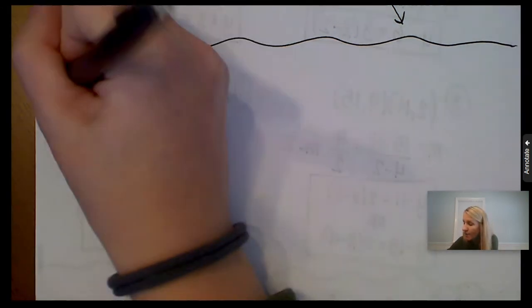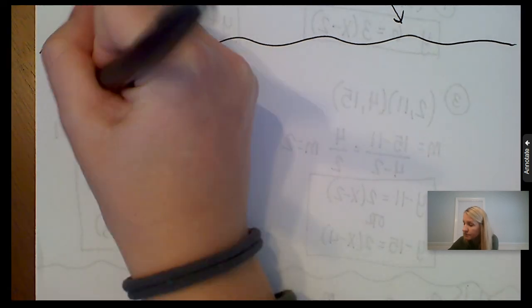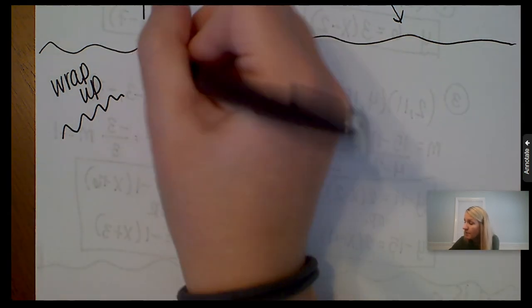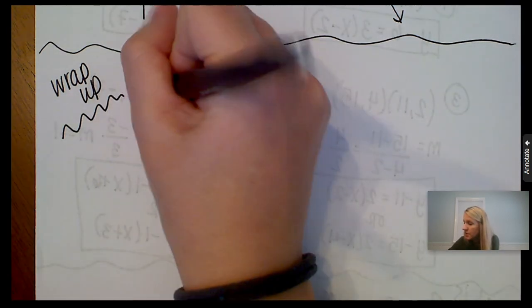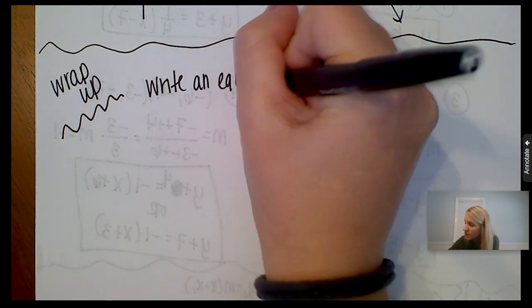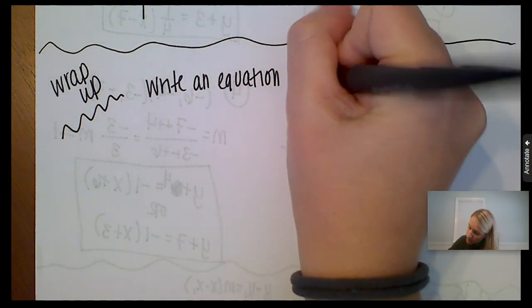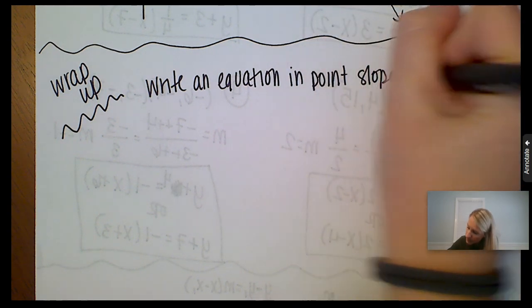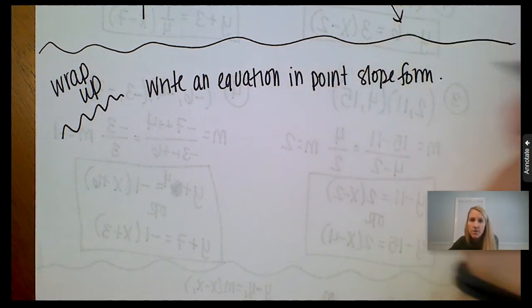Okay, so here are your wrap up problems. I'm going to start with saying write an equation in point slope form. Sorry, I want to write the directions so you actually know what's going on.